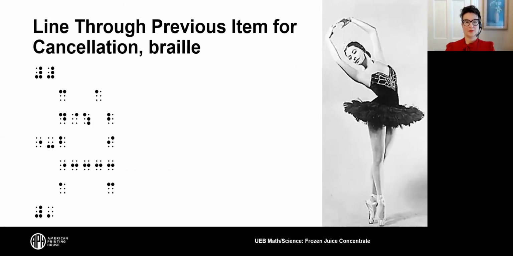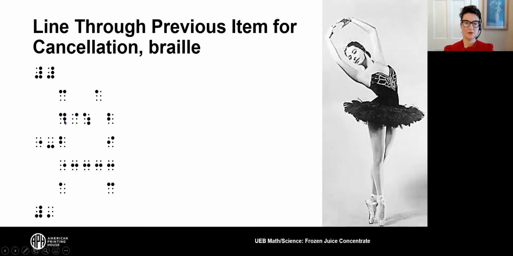So our Braille might look something like this, where we have a numeric passage, so we don't have to keep repeating numeric indicators, and we can focus on the content of this example. Our numeric passage starts with 2 cells of dots 3, 4, 5, 6. Then we have our 3 and our 1.